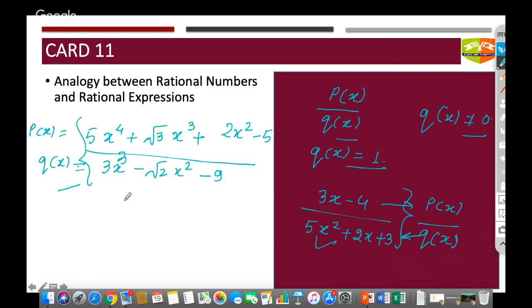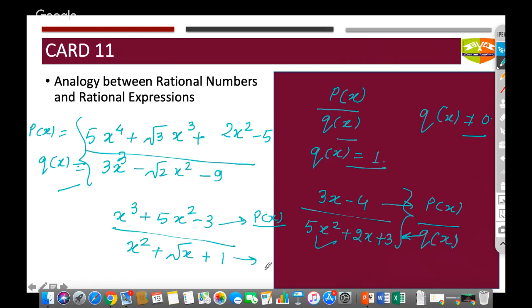But what about this which I'm going to write? x cube plus 5x square minus 3 divided by x square plus root x plus 1. This numerator polynomial is okay, but what about q(x)? q(x) is not a rational polynomial, because here the power is not an integer; a square root is involved here.